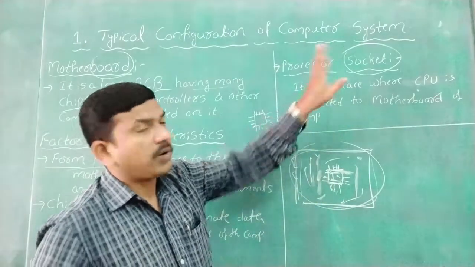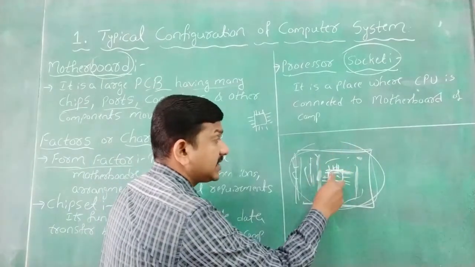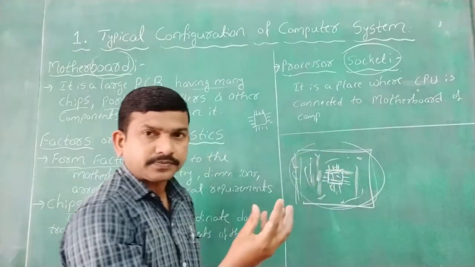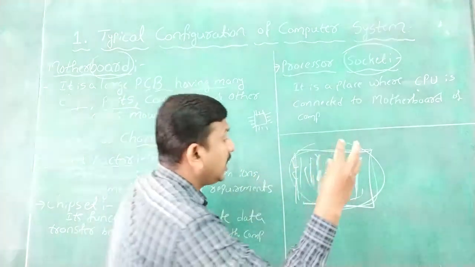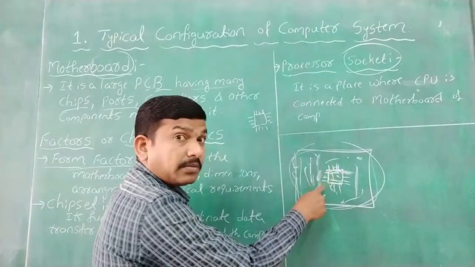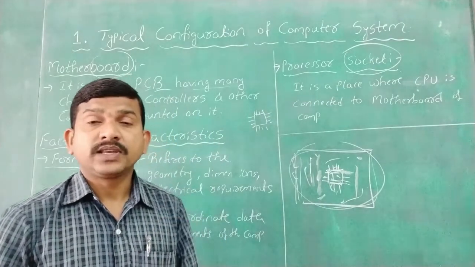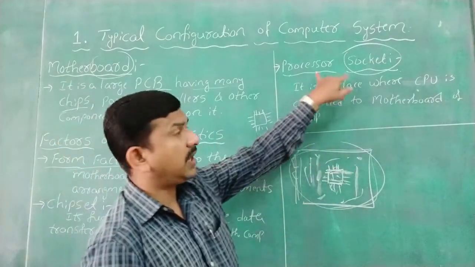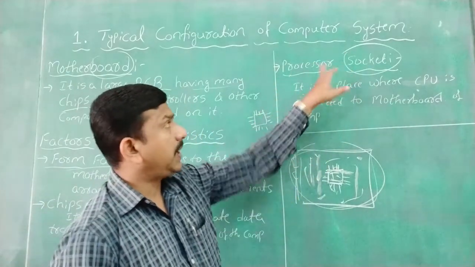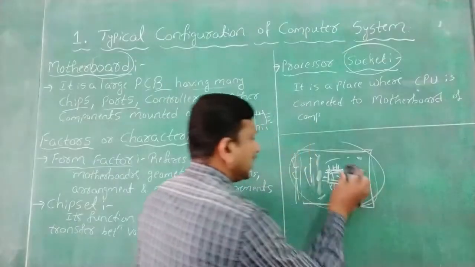Now you get that the processor socket is a place where we can connect this CPU to the motherboard of computers. The place where we connect that processor is nothing but the processor socket. Is it clear? Socket is nothing but a place, and that place is only for the processor.